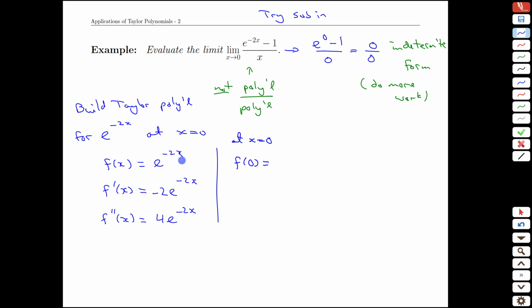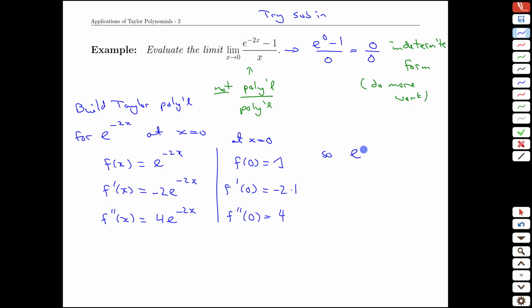f of 0 would be e to the 0, which is 1. f prime of 0, using this formula, we'll have negative 2 times e to the 0, which is 1, so just negative 2. And last but not least, we have 4 e to the negative 2x, for e to the 0 that's just going to be 4. What does that tell us?